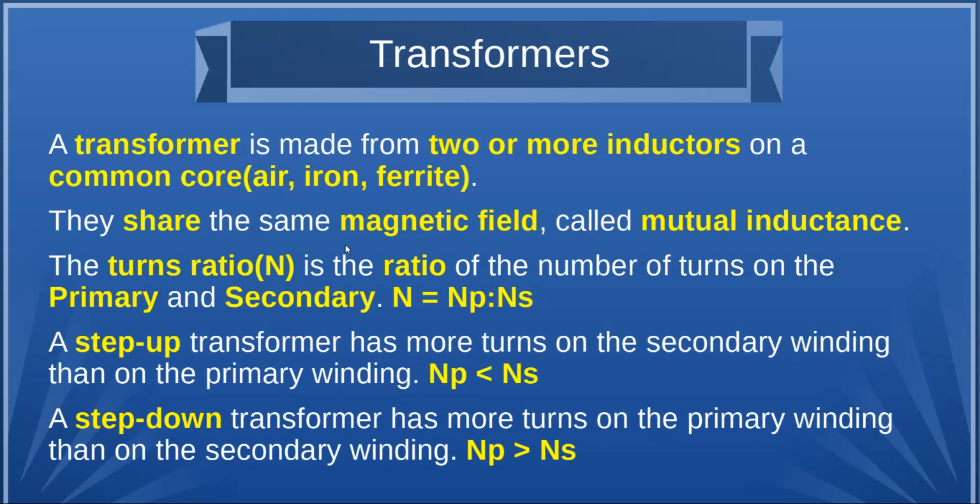We have what we call a turns ratio with two windings in a transformer, and we normally call them a primary and a secondary. You have a number of turns on the primary and a number on the secondary, and the ratio of those is what we call the turns ratio.